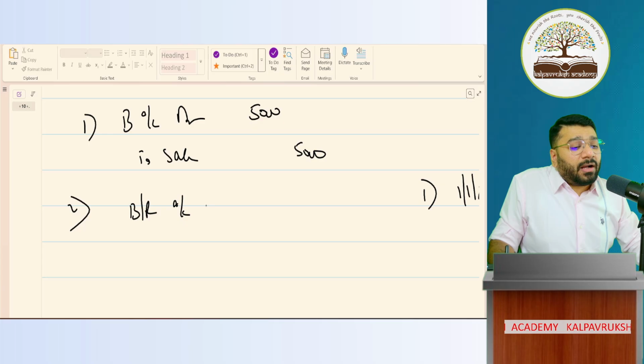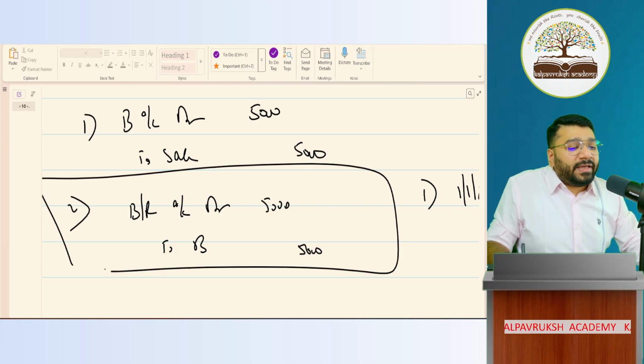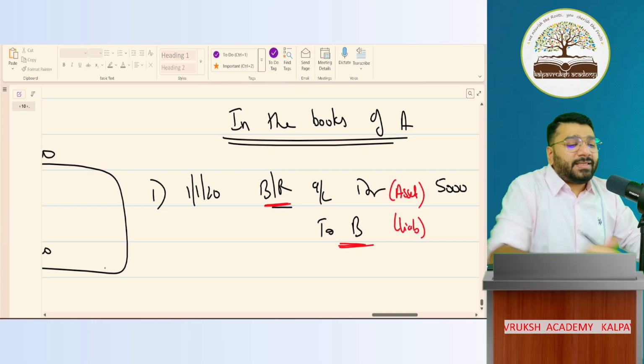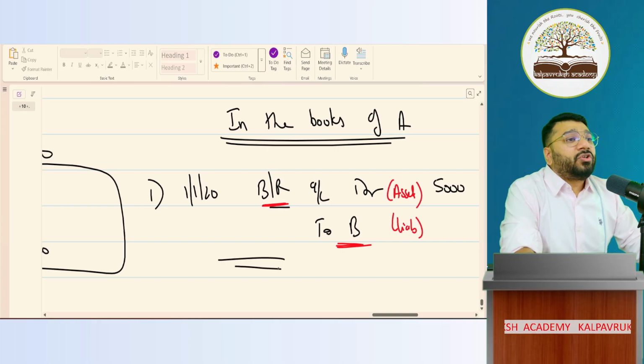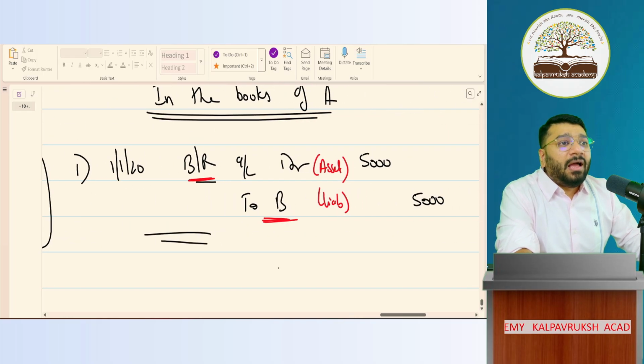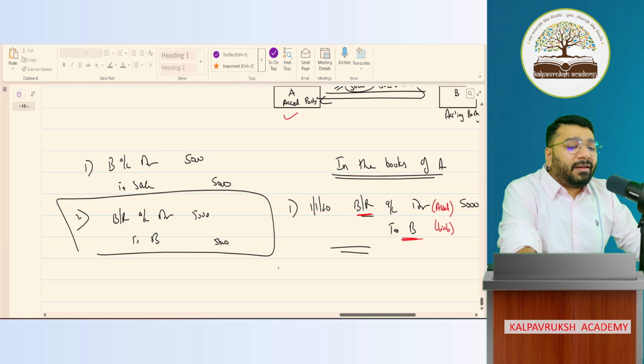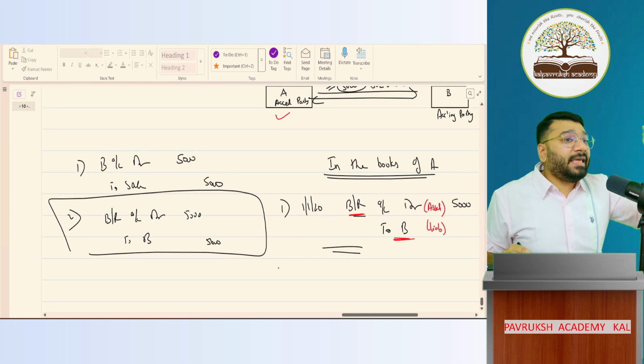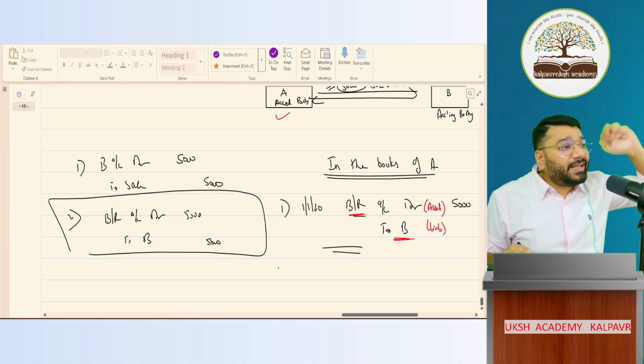Bills receivable account debit to B, 5,000. Now, if you see, whatever is the bill of exchange entry here, the same entry is here also. No difference. So whether it is trading of bill or accommodation of bill, upon accepting the bill, the entry remains the same. But the explanation is different.